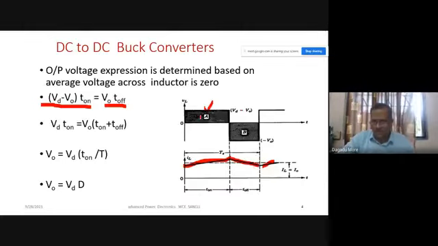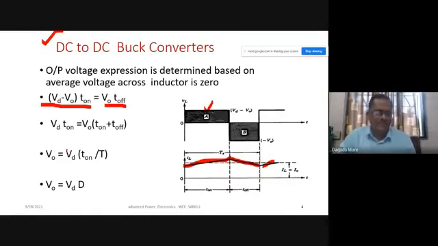Our interest is to get the relationship between input and output. In case of any DC to DC converter, the concept we use is that the positive volt-second area across the inductor will be equal to the negative volt-second area.